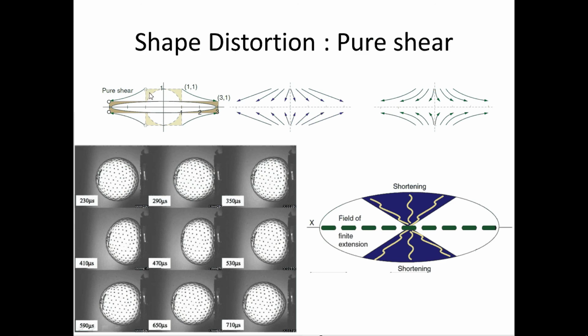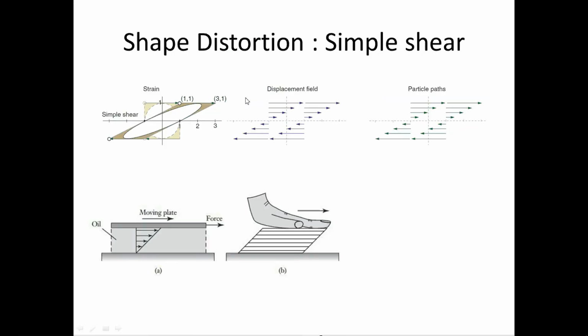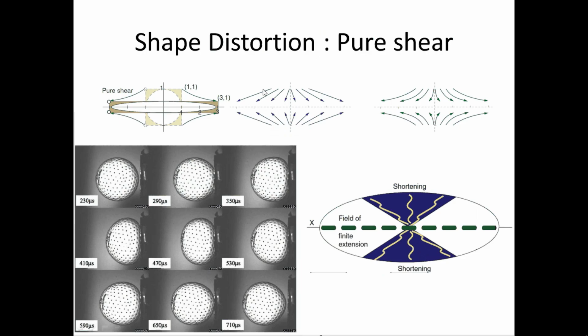Okay, and this is extending in the direction of maximum extension; maximum strain will be in the direction of minimum stress. If you look at the flow direction, the displacement field, these lines would be like this, and the paths of the points will be curved like this.